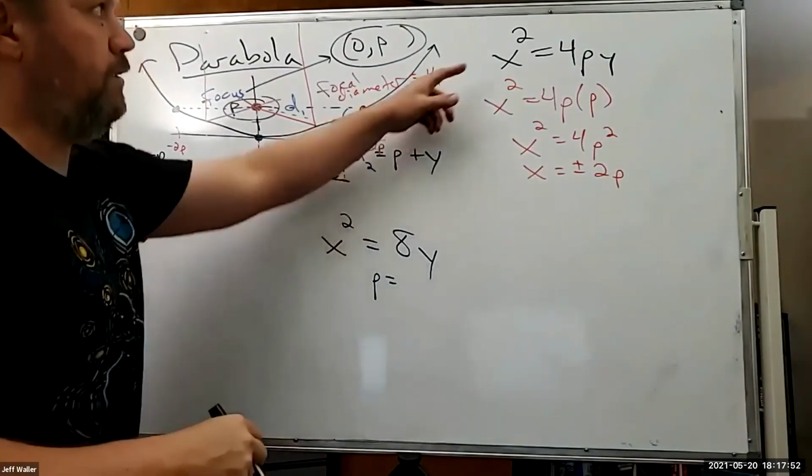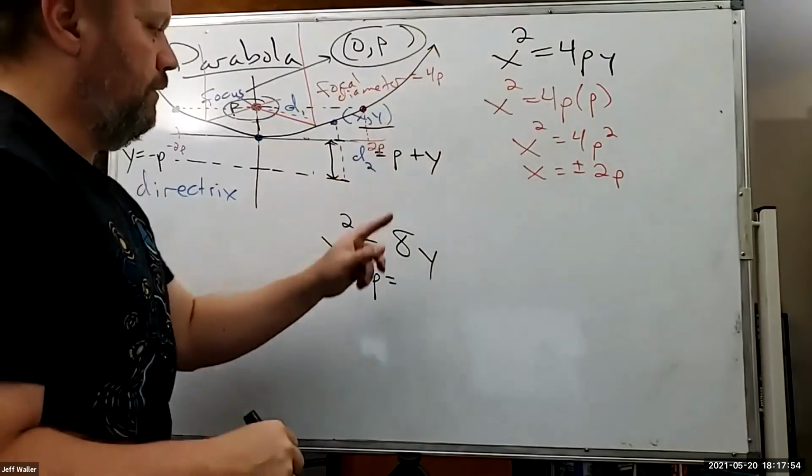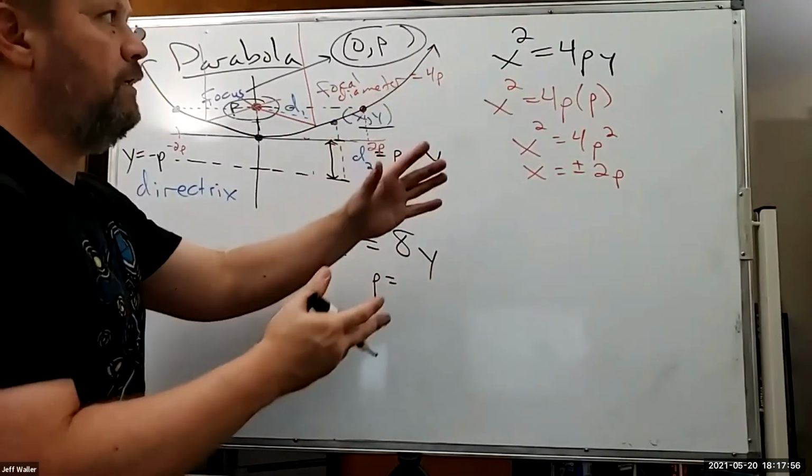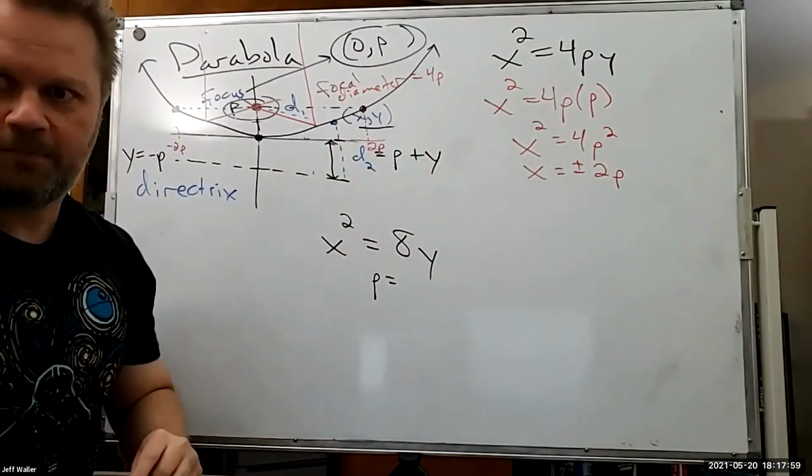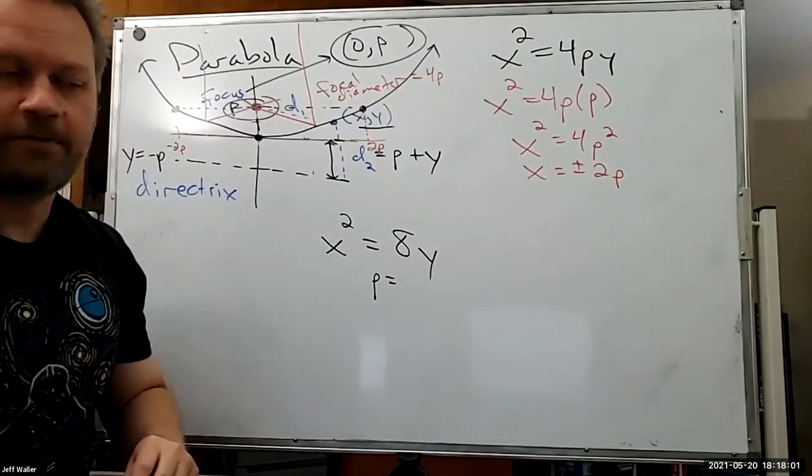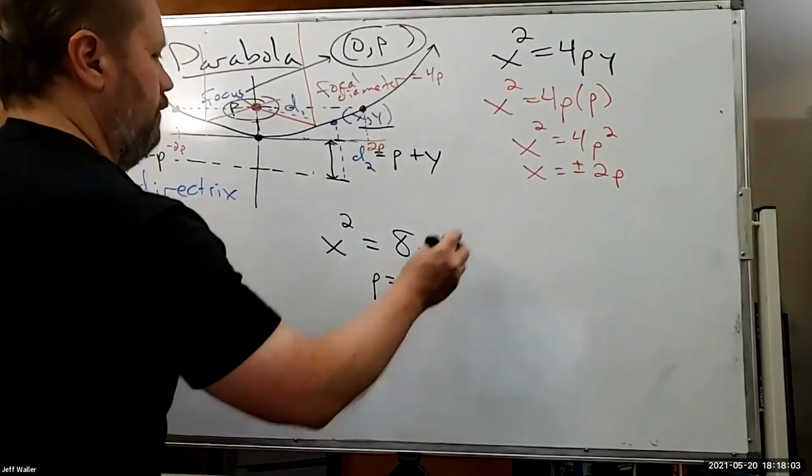The general equation is 4py. This is 8y. What is P? 2. Thank you.